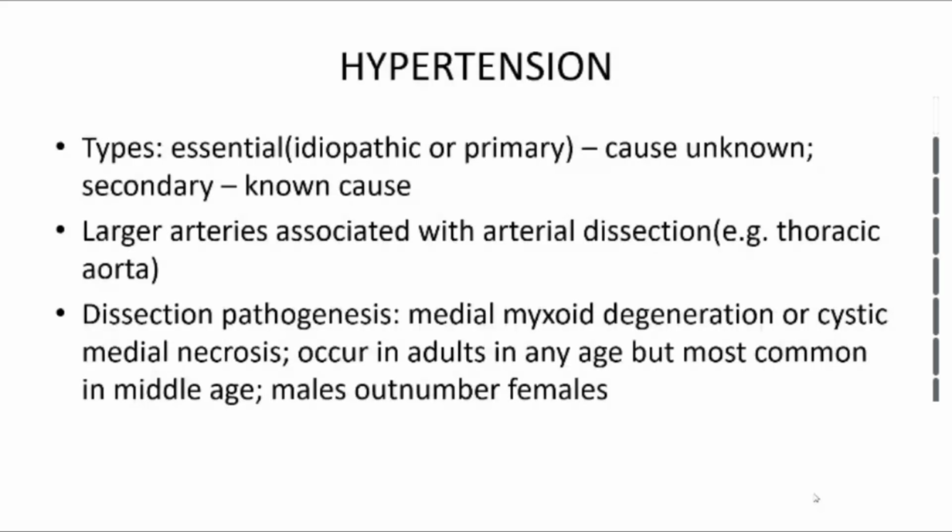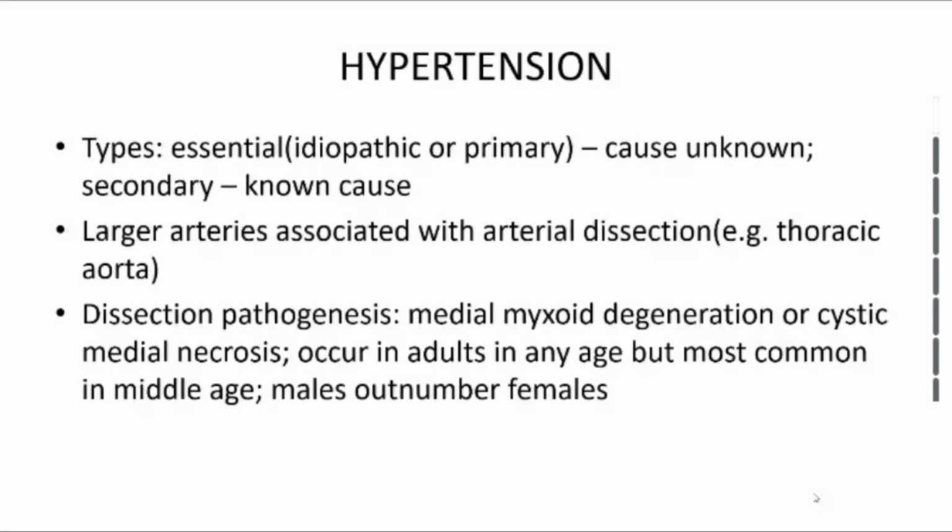So there is degeneration, destruction of the tunica media. Or it could be cystic medial necrosis. Cyst basically refers to something that is fluid-filled. So there is degeneration, fluid accumulates in the tunica media, and there is necrosis, that is death of cells. And so you have that dissection, that separation.